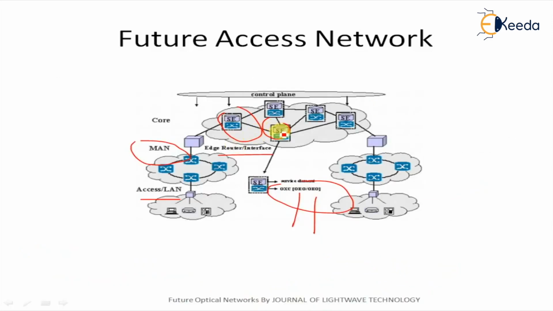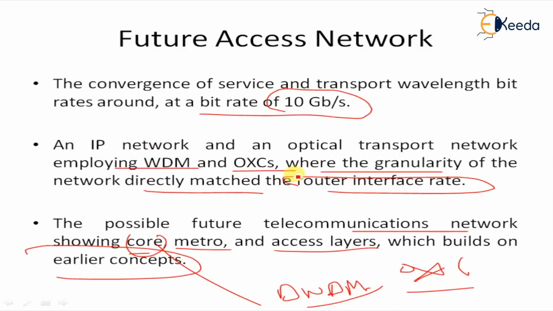I'm just giving the diagram according to the network in conjunction with the service element. And also the OXC, optical cross connect, has the bypass function and allows specific wavelength channels to be dropped to the particular service element.